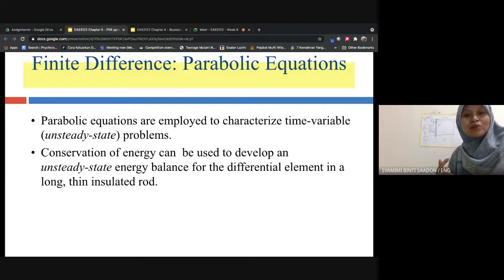This time we apply the parabolic equation to characterize time-variable, unsteady state problems, meaning the process changes in time. For example, the conservation of energy equation is an example of an unsteady state energy balance equation.